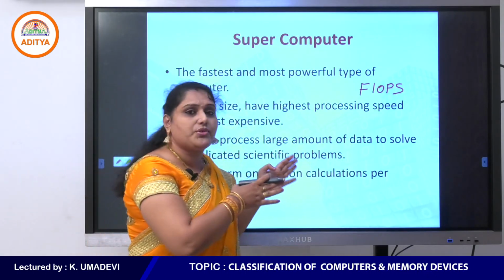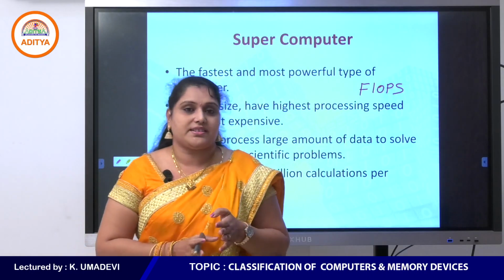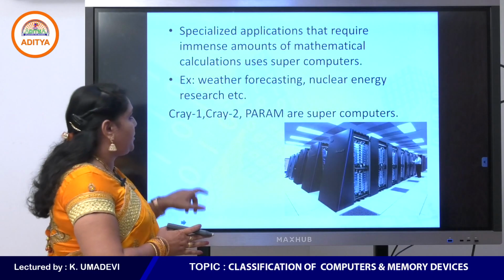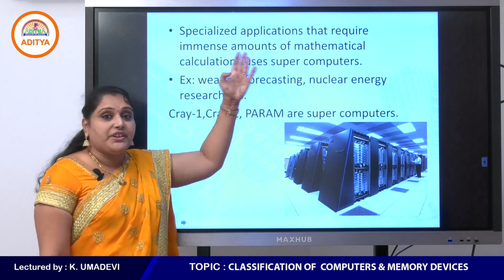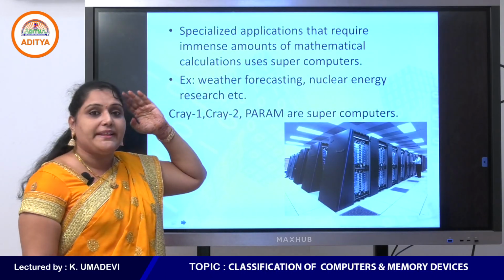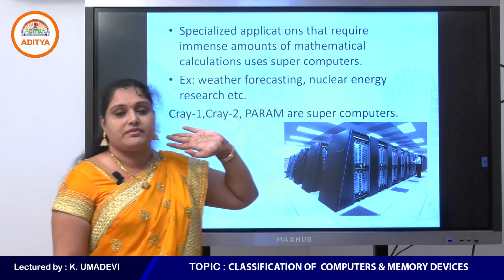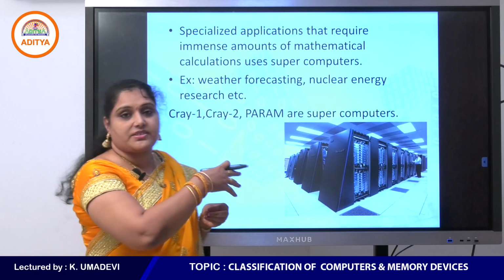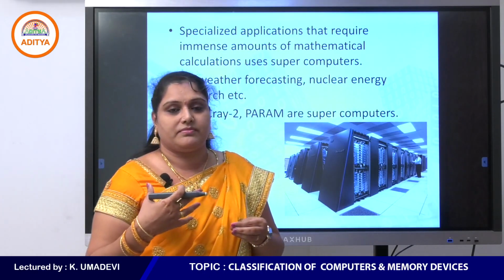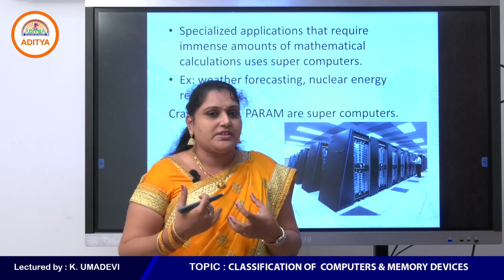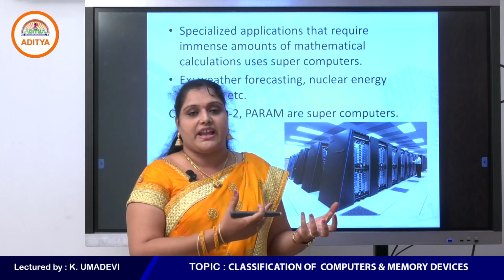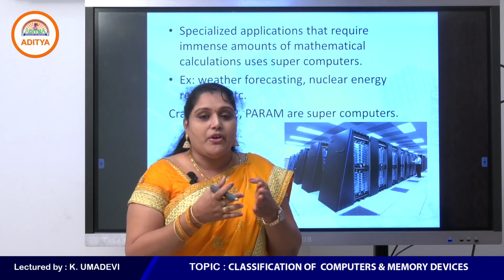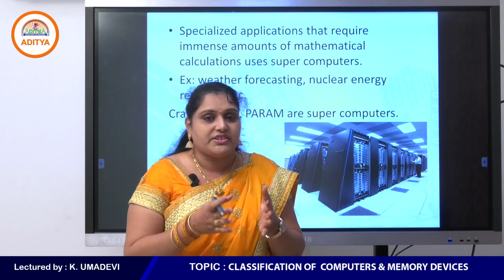Supercomputers are widely used in scientific research areas that require immense amounts of mathematical calculations, like weather forecasting, climate research such as global warming, bio research, and nuclear energy research, etc.